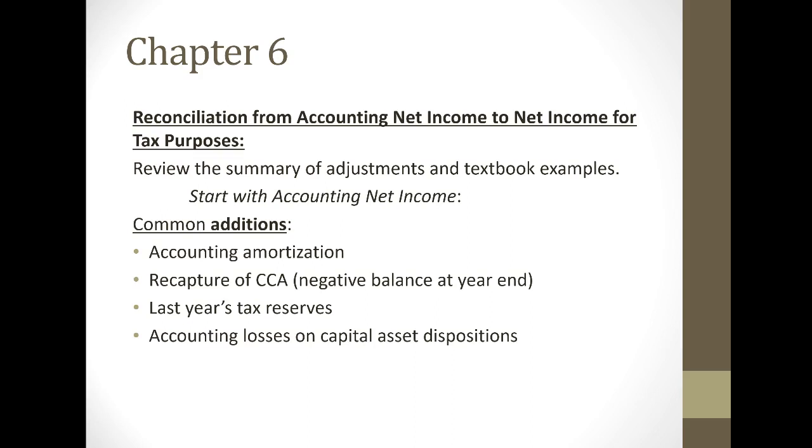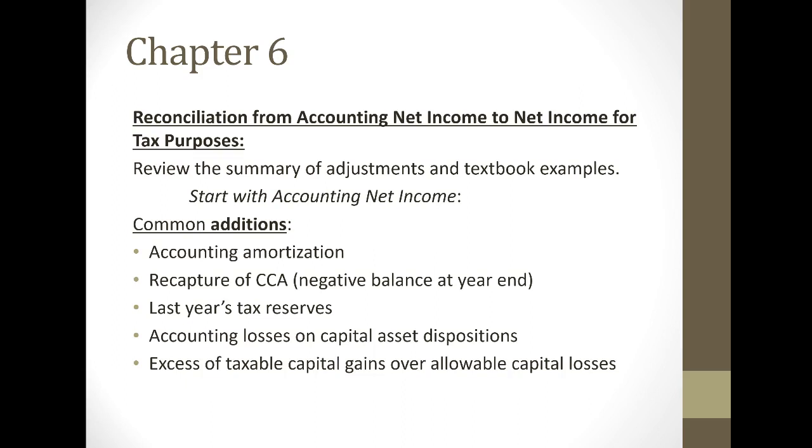Now remember, for tax purposes, a business gets to add the excess of taxable capital gains over allowable capital losses. So these are those 50% amounts. So any accounting losses, add those all back, and then a business will determine what is the excess of their taxable capital gains over their allowable capital losses.